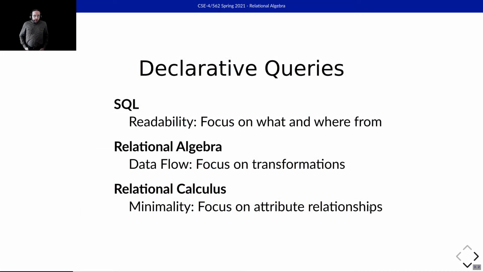So for query languages, there's a couple of different declarative languages that we could potentially use as a model or as a framework for reasoning about equivalent queries. There's SQL, as we've seen, and then there's relational algebra and relational calculus. Now, SQL was designed largely with a focus on readability, on user friendliness.